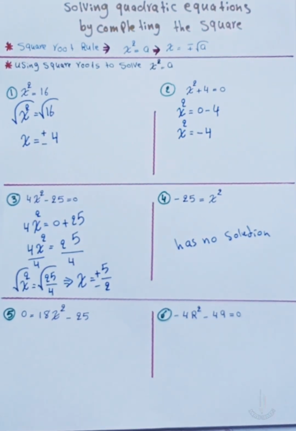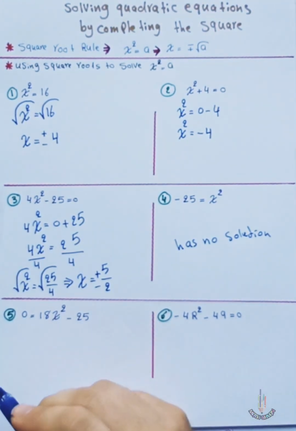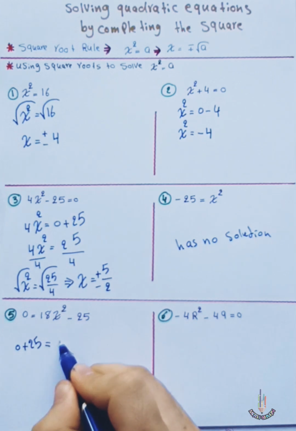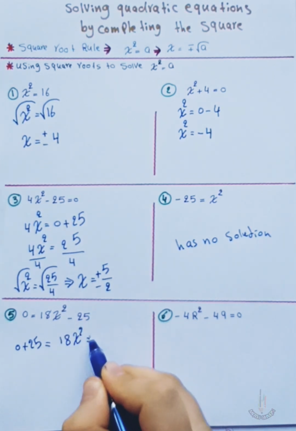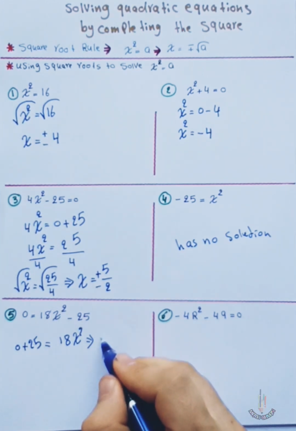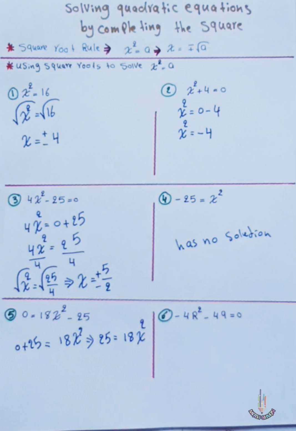Example number 5, you have 0 equal to 18x squared minus 25. So you have to move negative 25 to the left side, so we have 0 plus 25 equal to 18x squared. After that, we add these two numbers, 0 plus 25 equals 25, equal to 18x squared.